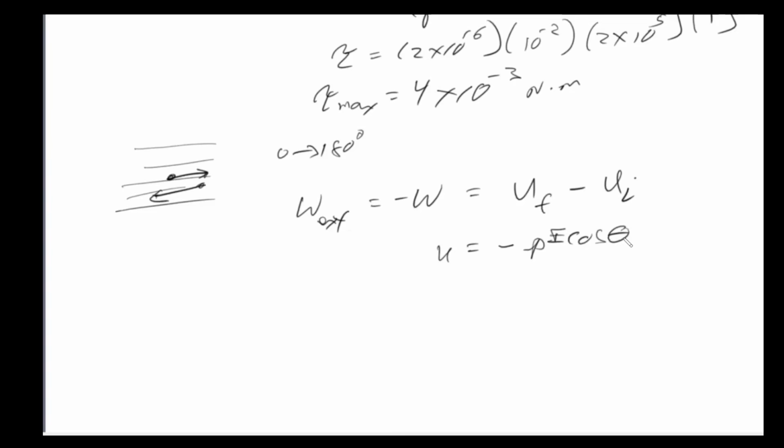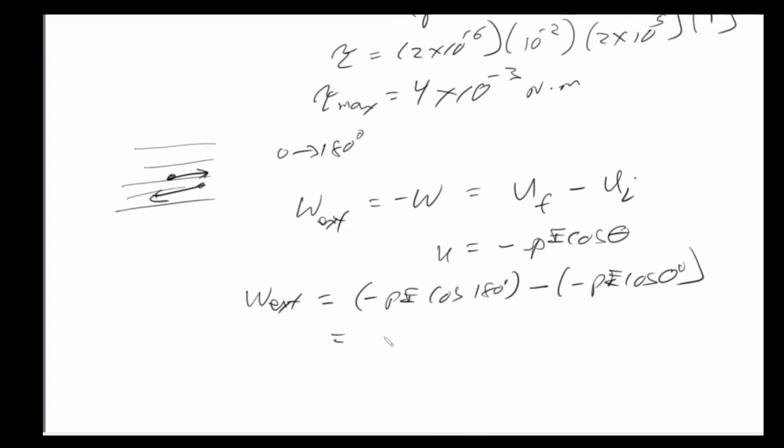So what we have is that the work by the external agent is equal to U final, which is minus PE times the cosine of 180 degrees, minus U initial, which is minus PE times the cosine of 0 degrees.